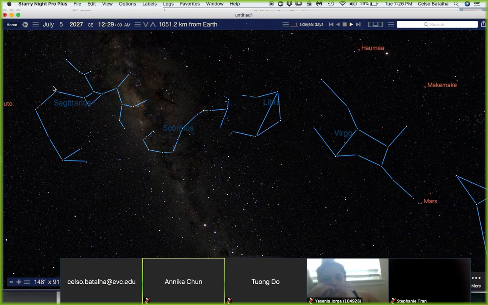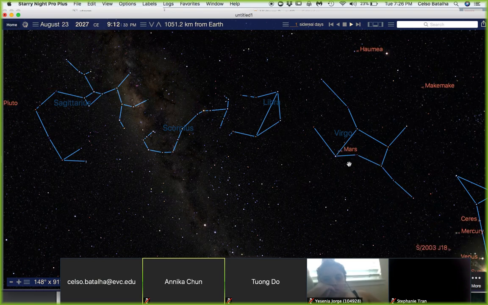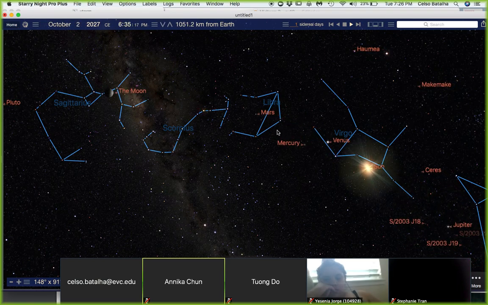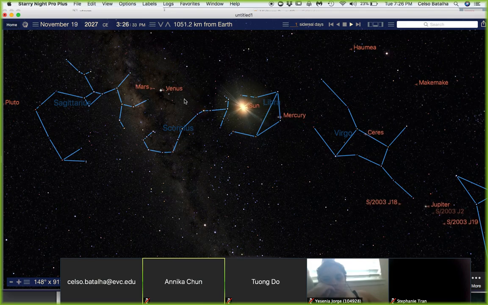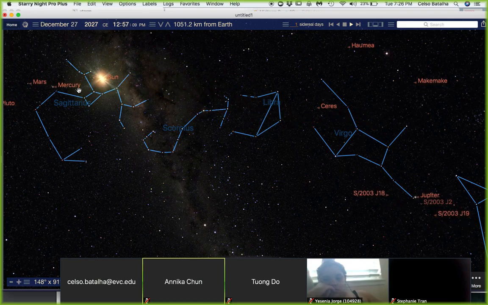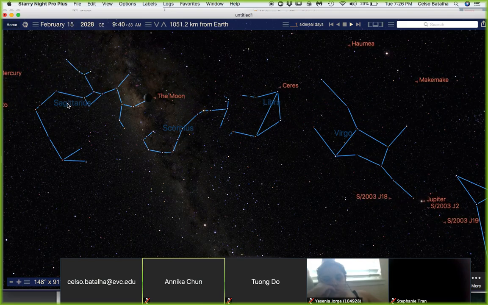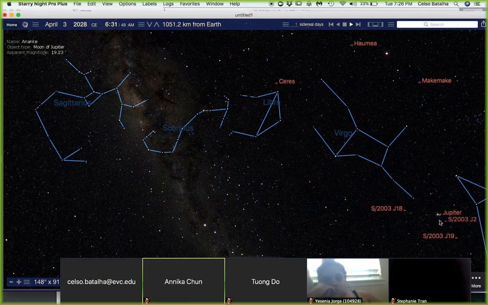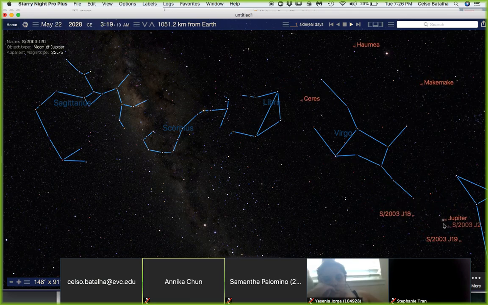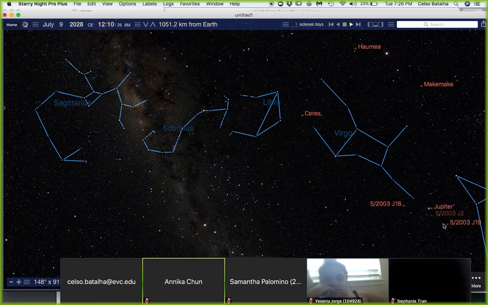So how to explain that? Look at Mars. Mars is prograding all the time, but eventually might retrograde. Jupiter is retrograding, so it's going from east to west with respect to the stars.